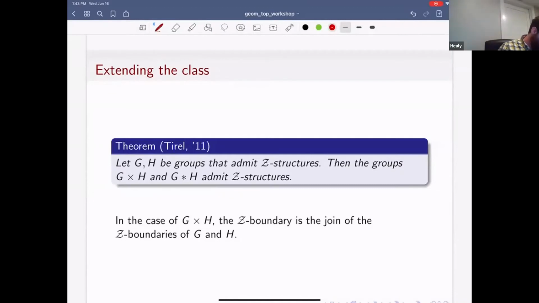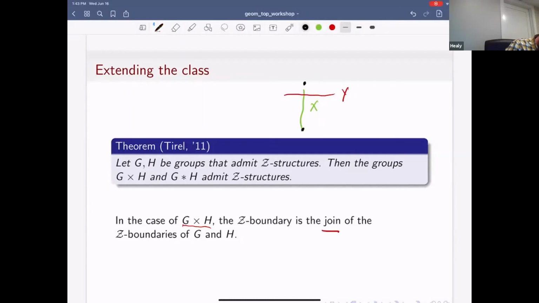And importantly to today's talk, what happens when you take the direct product is that the Z boundary you get for the direct product of those two groups is the join of those Z boundaries. Okay, so if you have this space X here, and then you cross it with space Y, this is the picture you should have in mind.